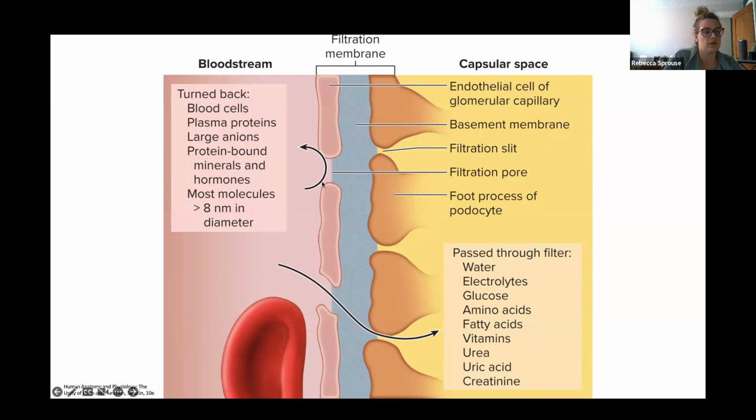So here is our capillary, and here are our podocytes that cover that capillary wall. Things will pass through here and be filtered out. If a larger molecule makes it through this capillary, it probably won't make it through the podocyte slit pore. Therefore it'll go back this direction and be held up in the bloodstream.